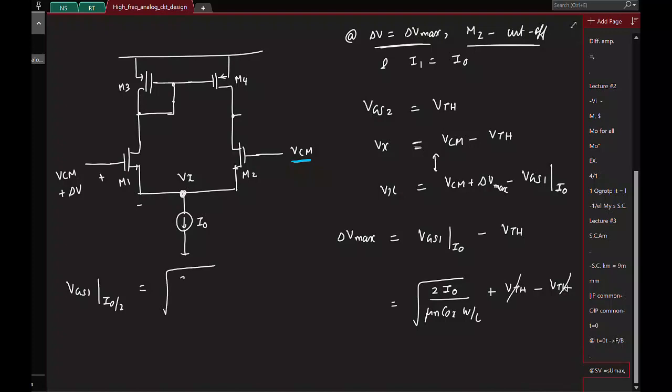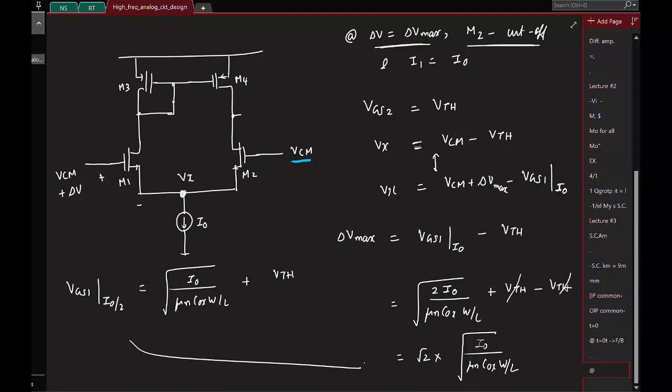Square root of 2 times I naught by 2, so that's just I naught by the same thing, mu n Cox W by L plus Vth. Okay, so basically this guy I'll write as square root 2 times fine. So from these two, can you tell me what is delta V max now?